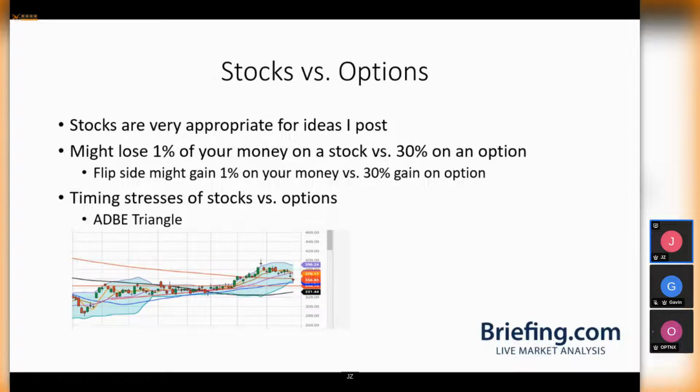But I've looked at certain cases where I'm like, boy, this is a really, really good setup, and I am pretty confident that this thing is going to break out, but I don't know whether it's going to be today or Monday or Tuesday. Maybe I'll just throw some money into a stock in it and let it ride. And I don't think there's anything wrong with that. All right, and that's good.